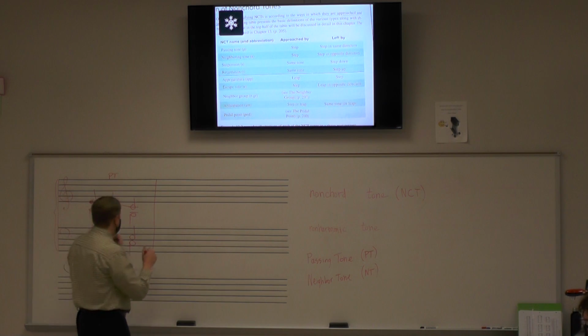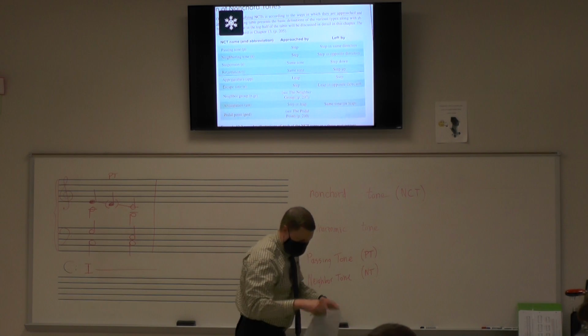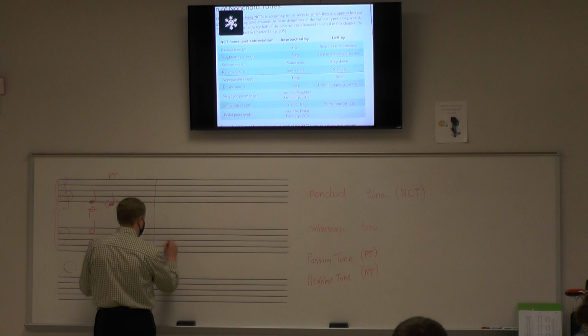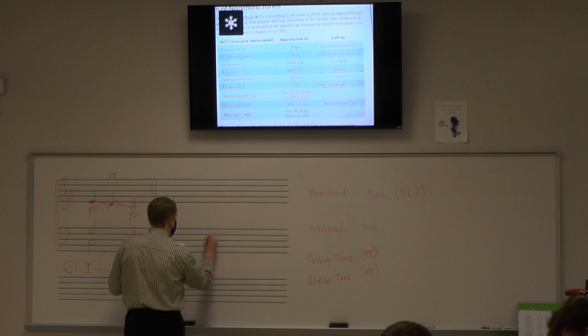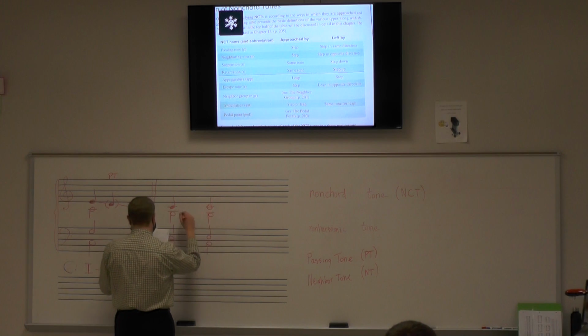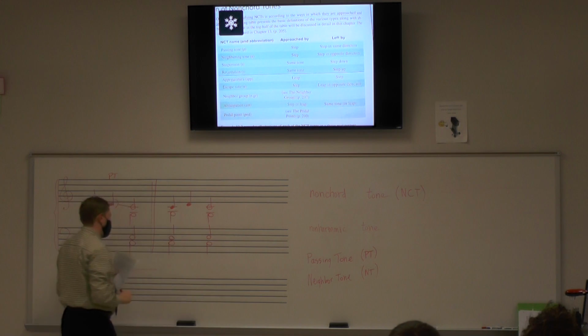Now, there's one other type of non-chord tone I want to teach you today, and that's the neighbor tone. And I'll try to put a real, hopefully clear example up on the board here in this next measure. So C, E, C, G, and C, E, C, G. Okay.